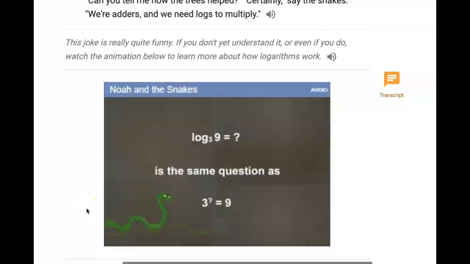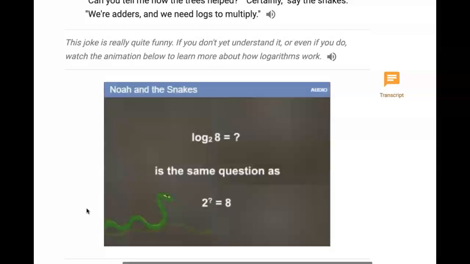What is the log base 3 of 9? To answer this question, ask yourself, to what exponent do we need to raise 3 in order to get to 9? The answer is log base 3 of 9 equals 2, because 3 squared equals 9. What is log base 2 of 8? To what exponent do we need to raise 2 in order to get to 8?